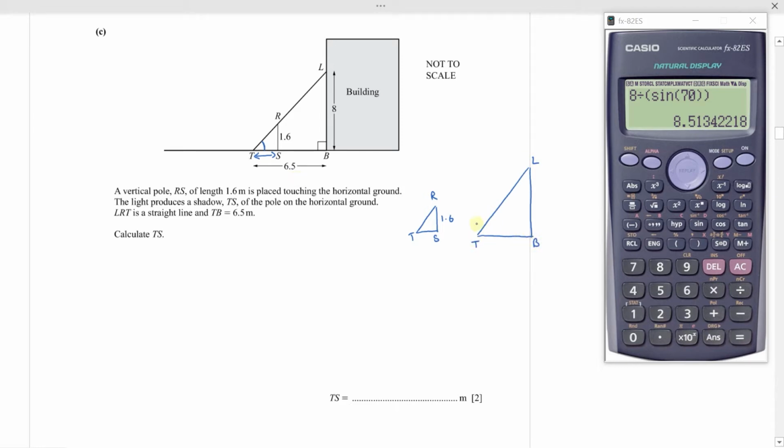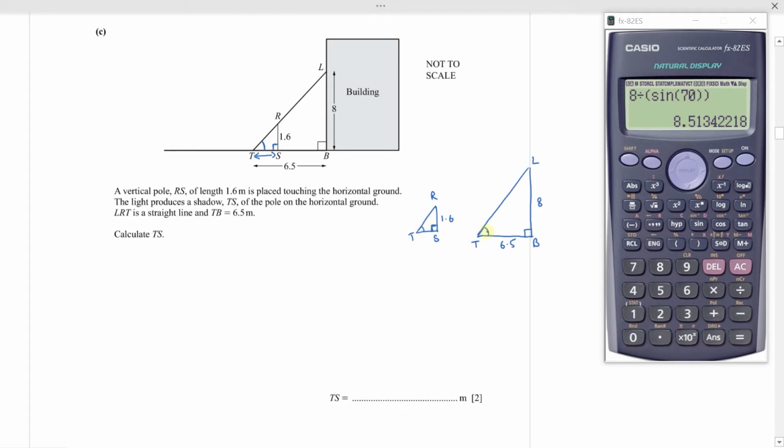So TB is 6.5. And you also know LB is 8. This is a right angle. And since this pole RS is vertical, that means this is also 90 degrees. And this is the common angle between the two triangles, which is equal.